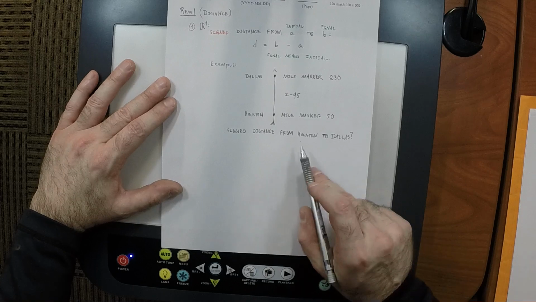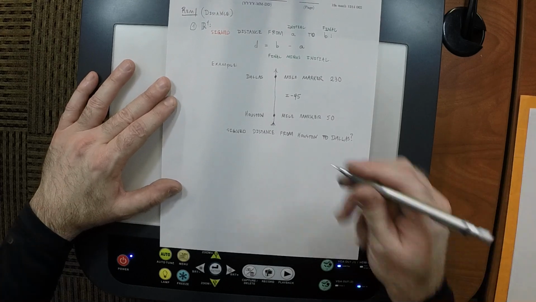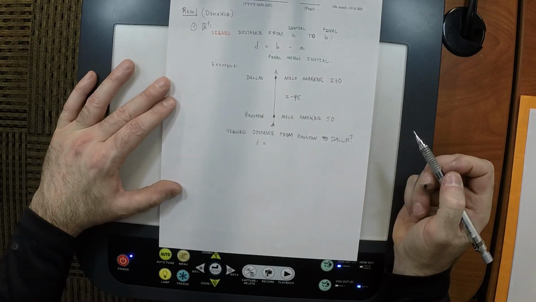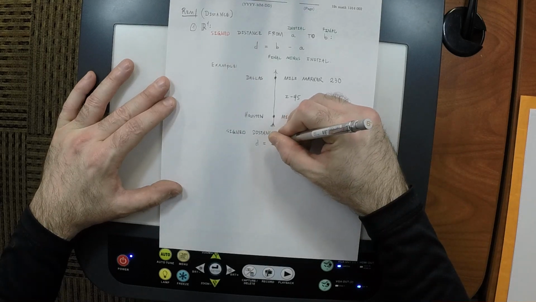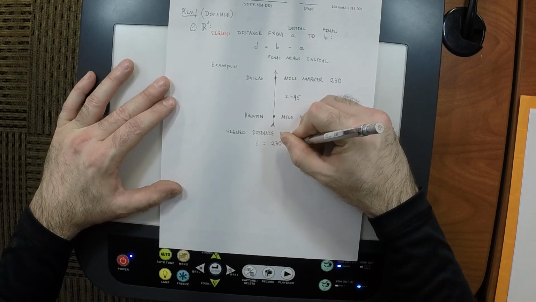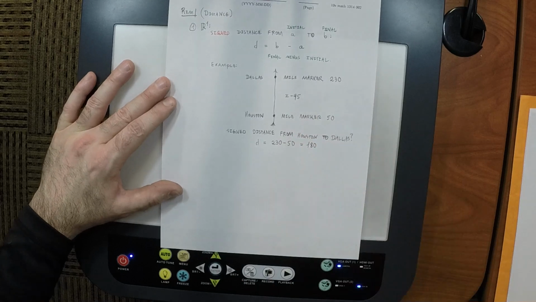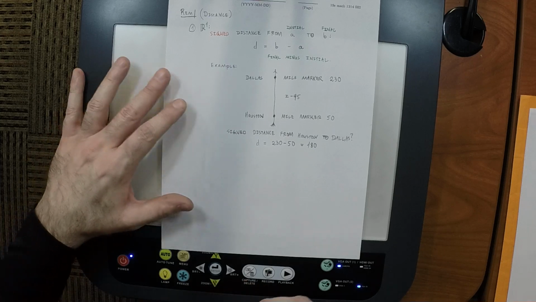So that means that the initial point is Houston and the final point is Dallas. Okay. So what would I have to write? D is what? 230 minus 50. Very good. So 230 minus 50, which is 180. Okay. So no surprises there.